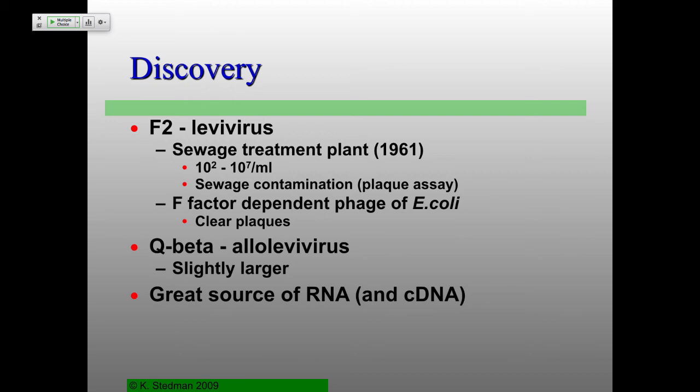One of the questions that people were trying to answer at the time, this was the very early days of molecular biology. They discovered the fertility factor in E. coli. That's what makes the almost obscene pilus, which goes between various different bacteria and causes this genetic transfer to take place.